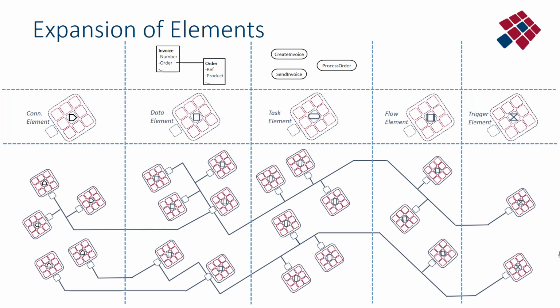So if we represent it in a very schematic way, at the top you see a number of functional entities, functional data entities like invoice, order, and functional action or task entities like creation of an invoice, processing of an order, sending of an invoice. And then we would have template structures for the various types of elements: data elements, task elements, flow elements, connector elements, trigger elements.